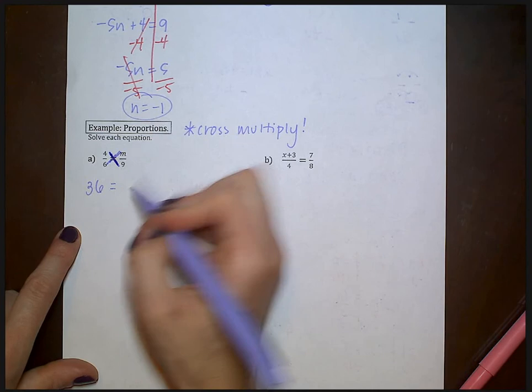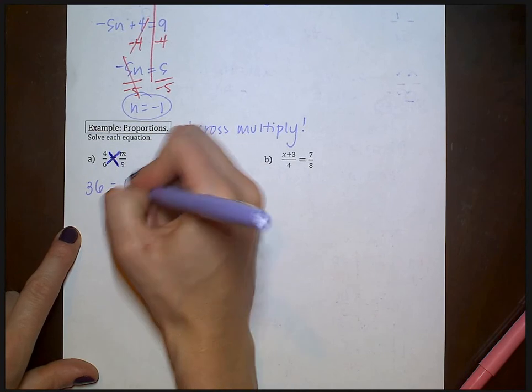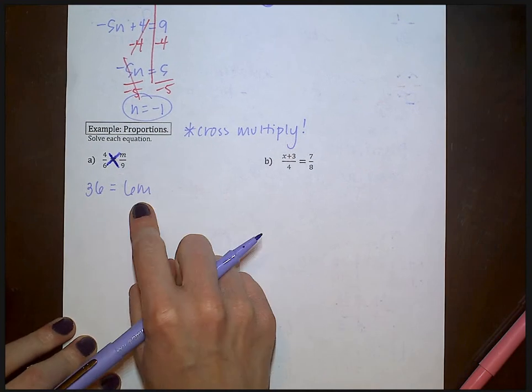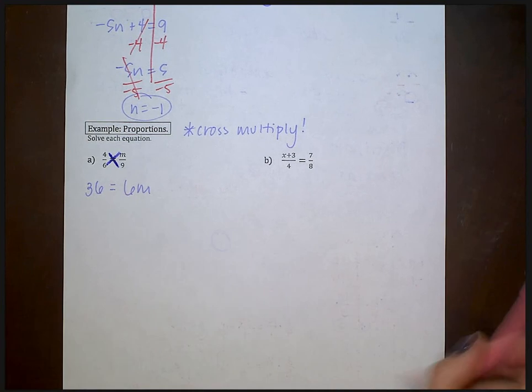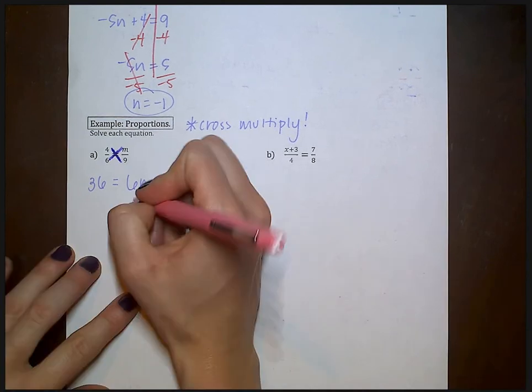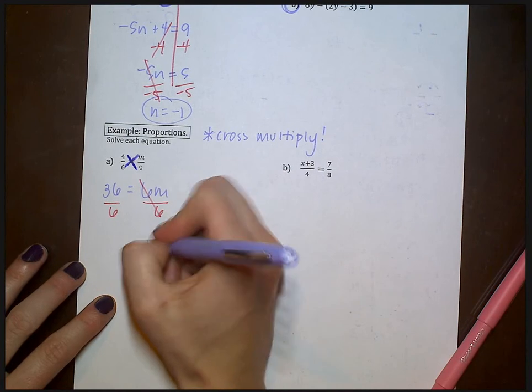On the other side, I'm going to multiply 6 times m, which is just 6m. This is the same thing, you guys, as what I started with, and this is just a one-step equation, which is so much easier than what it looked like from the beginning. I'm solving for m. That's the whole goal here, solving for your variable. So I'm just going to divide by 6 on both sides, and I get 6.